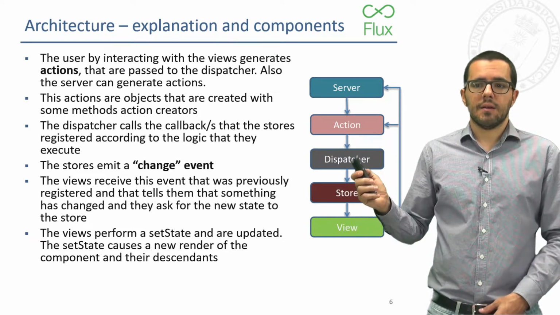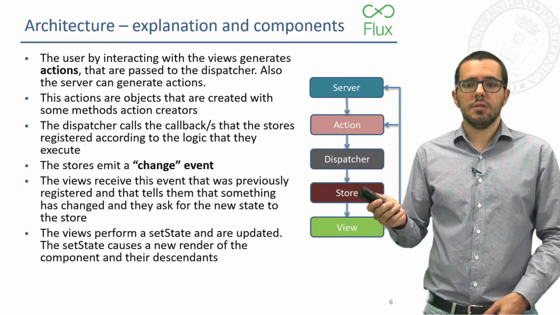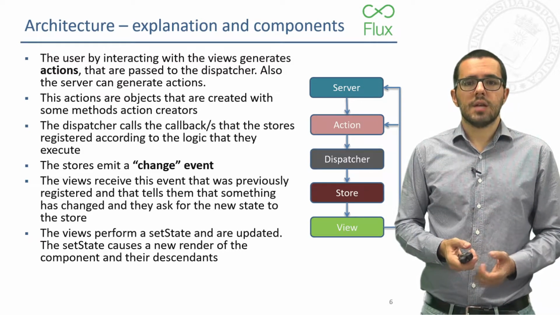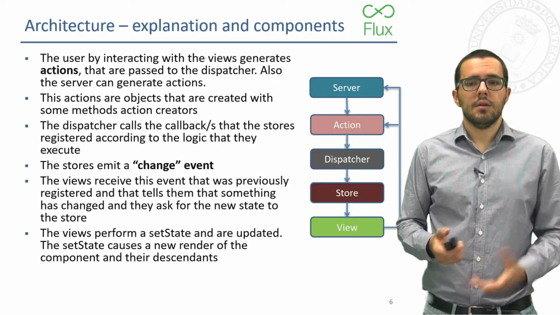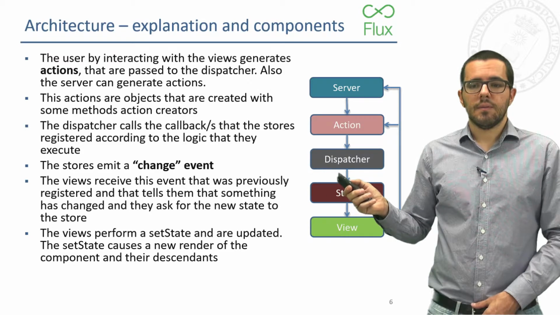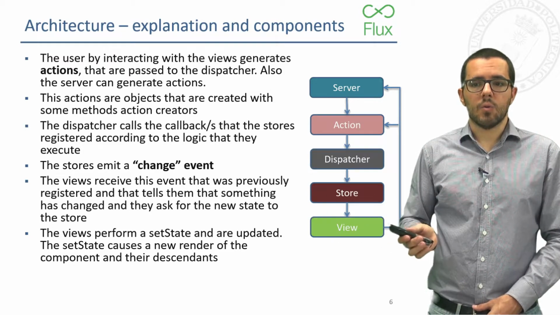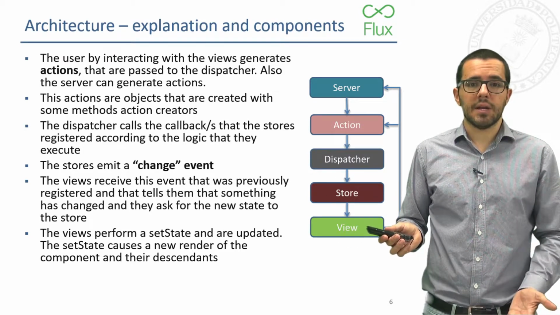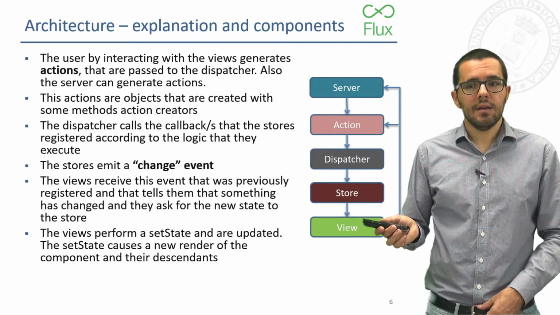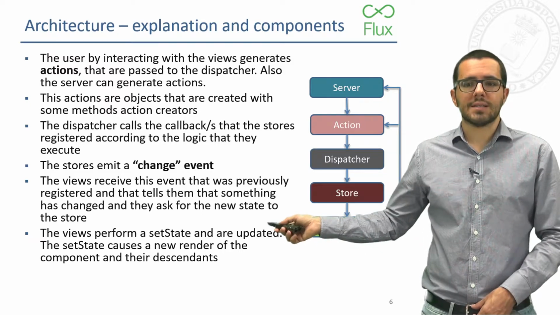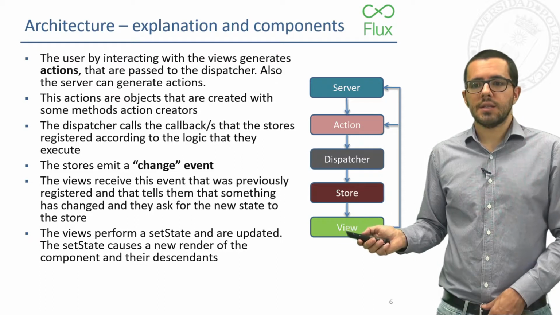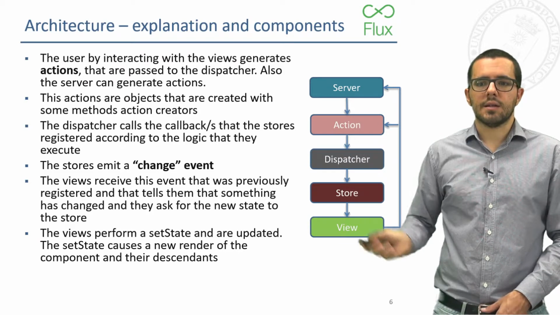They will get the actions through the dispatcher, they will know what happened and change the state, change the application data, and they will emit a change event. The views will know at this moment that something changed in the application and will get the new state from the store. And finally, they will do in React, for example, a set state and will be updated. So if something changes again, the process will start again.